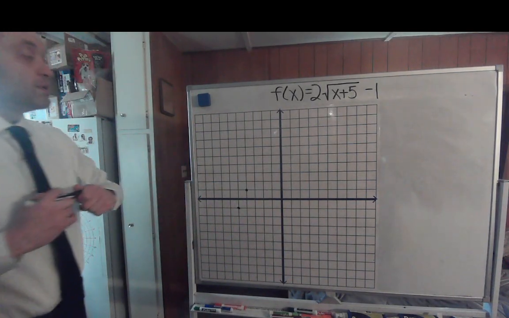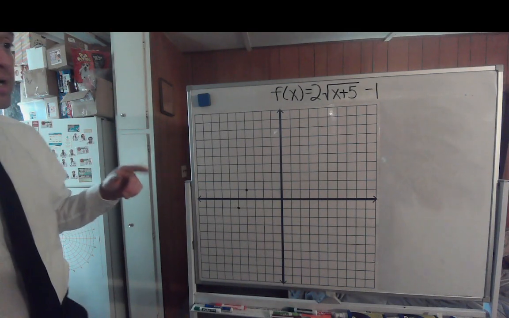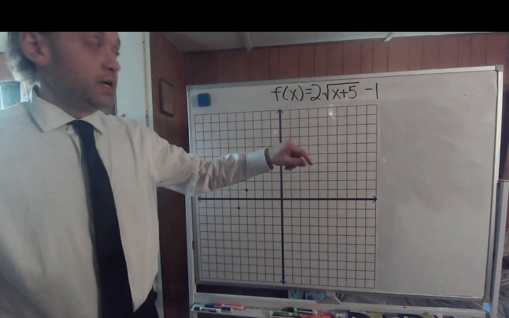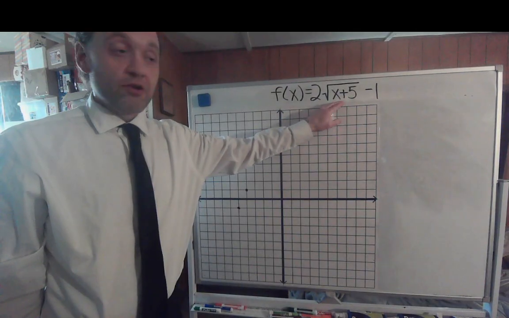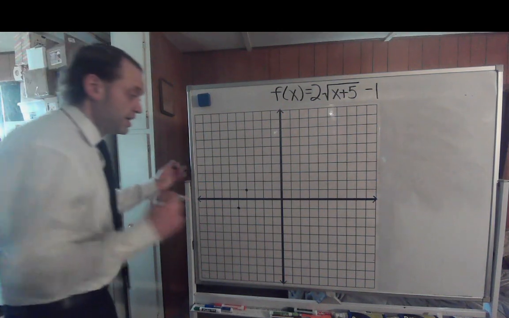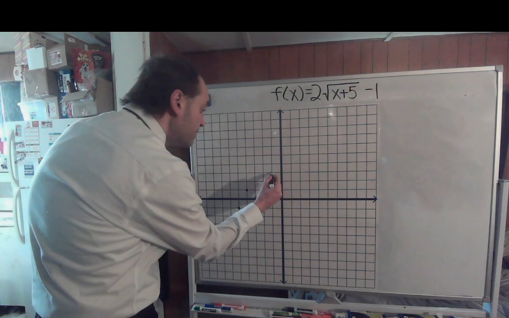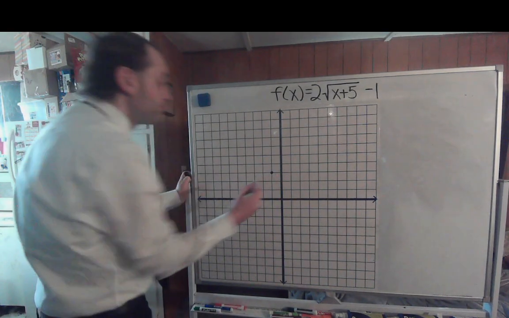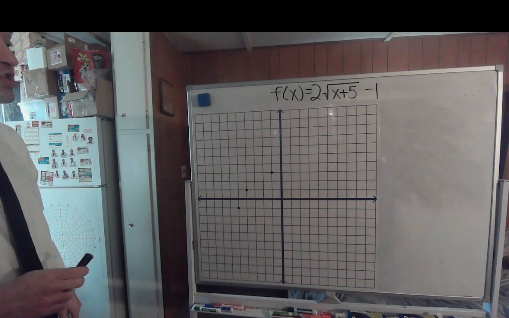And then let's go all the way to x is negative 1. Well, negative 1 plus 5 is 4, right? Square root of 4 is 2. 2 times 2 is 4. Minus 1 is 3. So at negative 1, you'll end up getting a y value of 3. And then, for good measure, let's do one more.